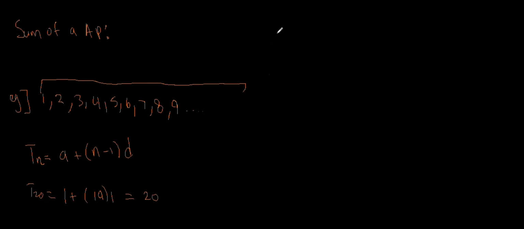So if I were to ask you to find the sum from the first term to the 20th term, we could do that by the Gaussian method, which I described in a previous video, or we could use this formula, which states that the sum up to the nth term is n over 2 into 2a plus n minus 1 by d, close brackets. So let's see this in action.